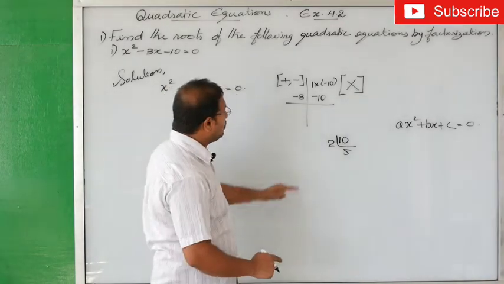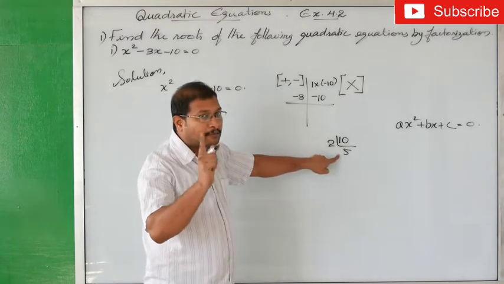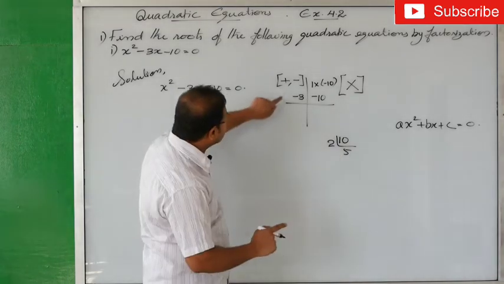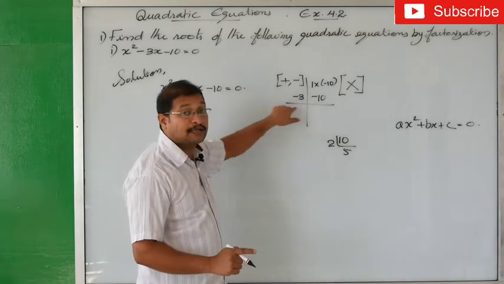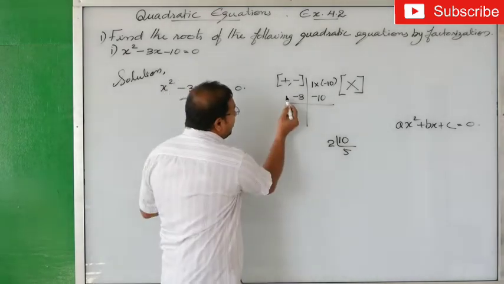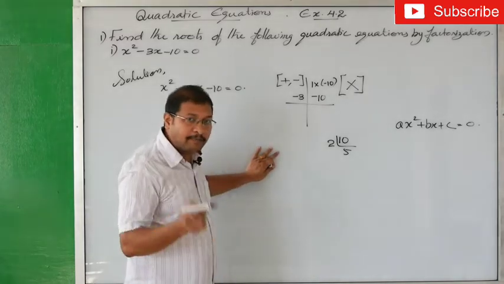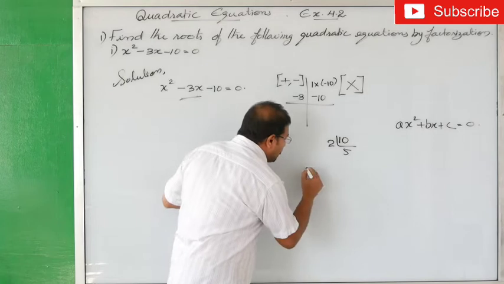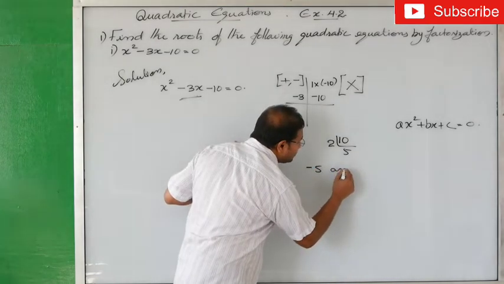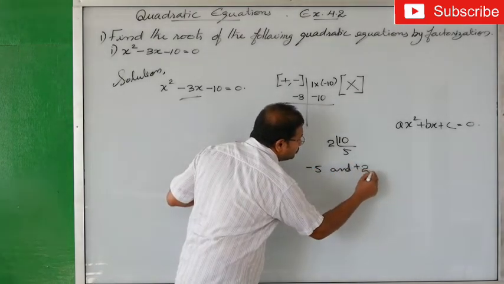So for 5 and 2, one of the numbers is minus. Next, see the addition or subtraction. Here we are going to subtract, because plus and minus is sure minus. Here we are getting a minus answer, that means the bigger number is minus. So the numbers are minus 5 and plus 2.